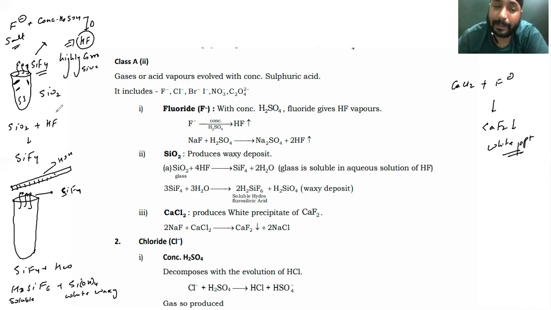HF is a corrosive gas, and it is used to etch glass. You know, in glasses there are certain times when you see names written over the glass, where the glass is missing. So the name is getting embedded inside the glass. It is done with the help of HF because HF is highly corrosive, right? It eats away the glass wherever it is reacting.